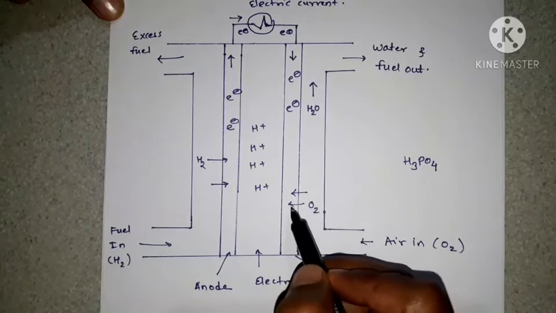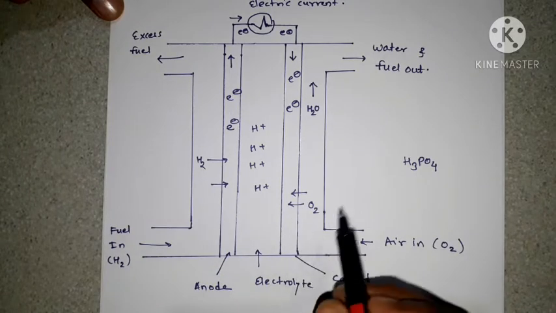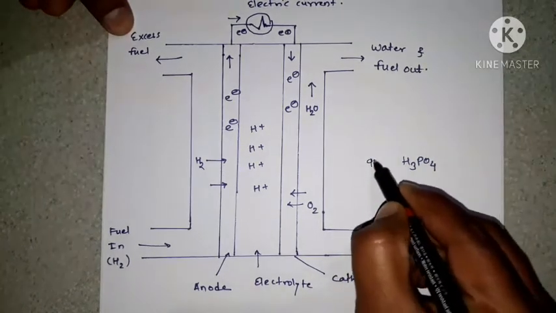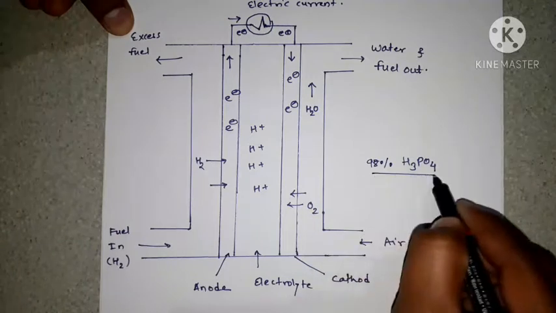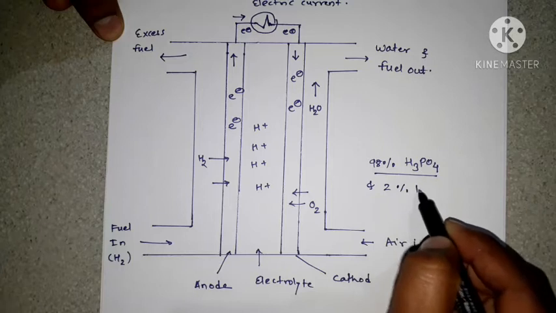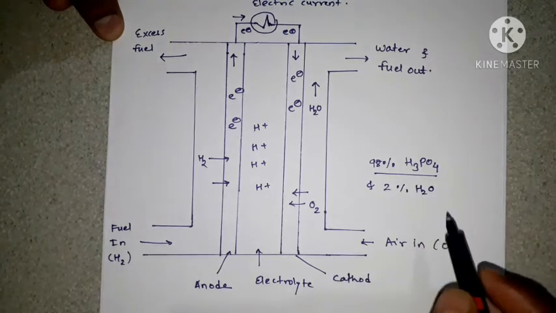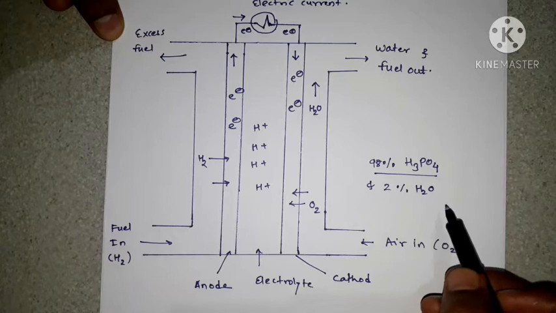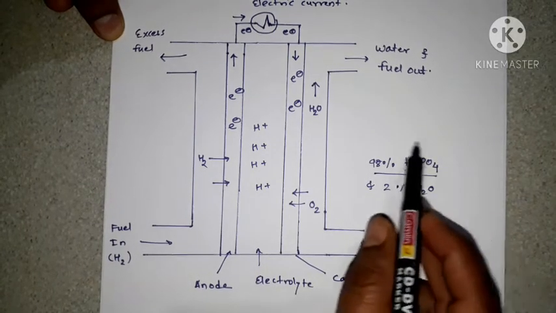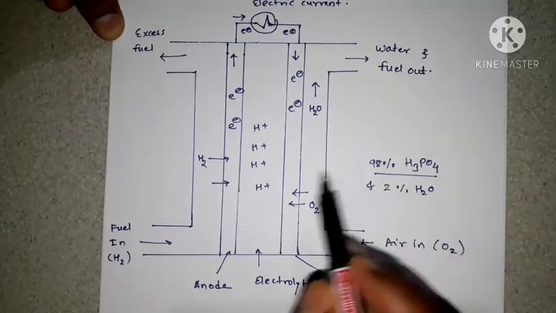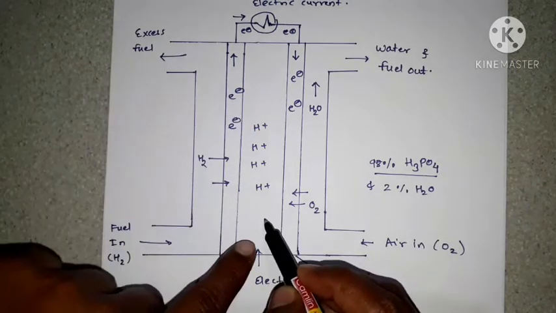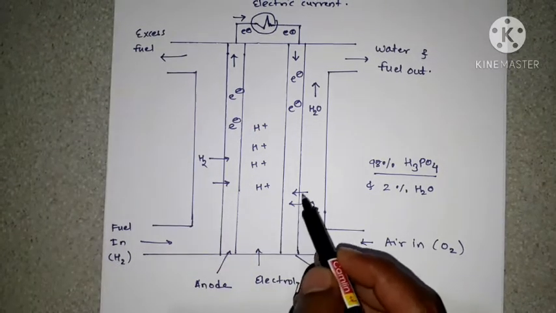Then in the second point, a combination of 98% H3PO4, that is phosphoric acid, and 2% water is used as the electrolyte. This electrolyte is placed in the diagram at the middle portion of the two electrodes.